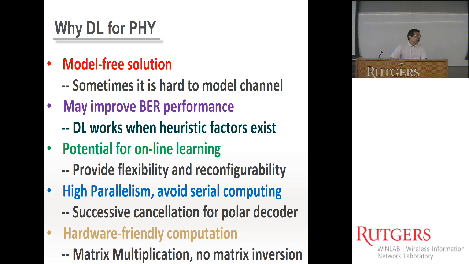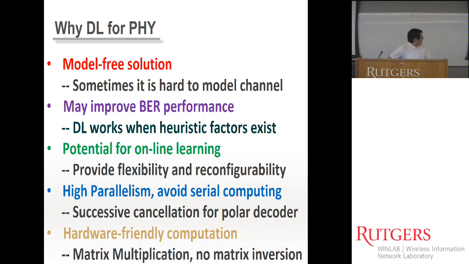Inherently, it is a serial decoding method. Although we can try to improve its parallelism, the overall decoding scheme is still serial. If we can completely drop this method and replace it with a deep learning-based decoder for polar decoding, such a polar decoder will be highly parallel.